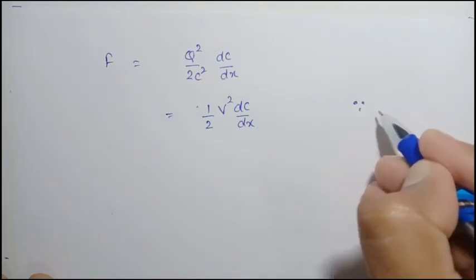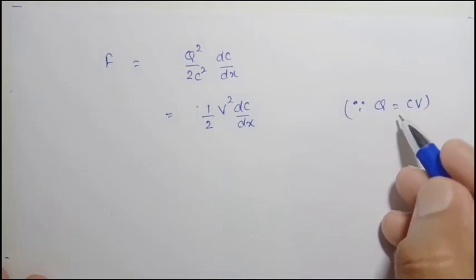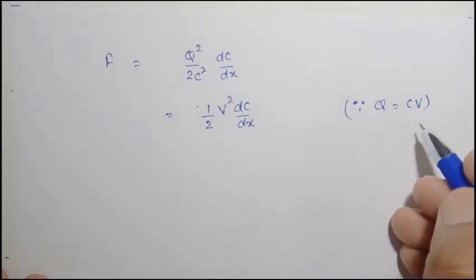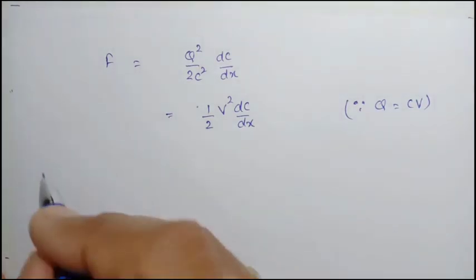Why is it so? Because Q equals CV. So now F equals this.